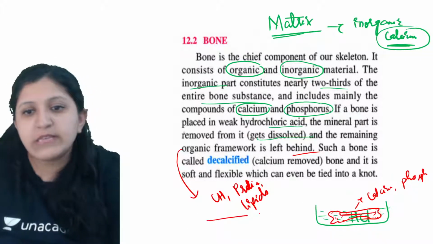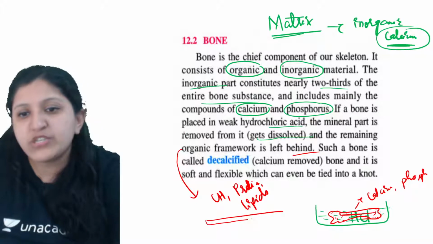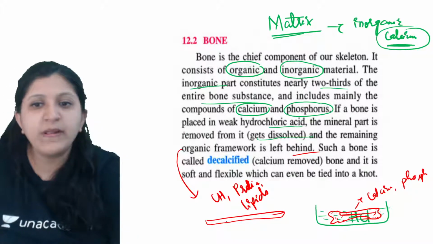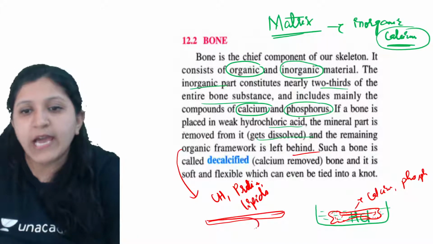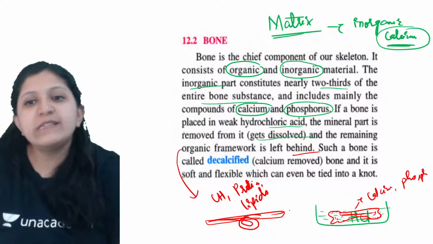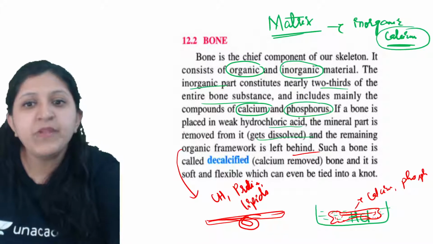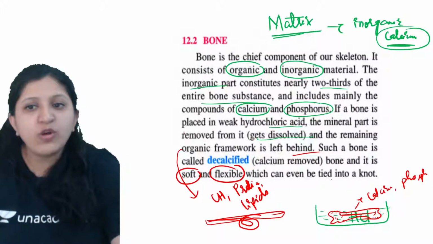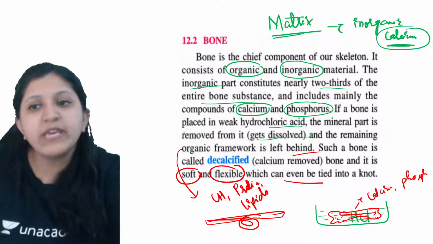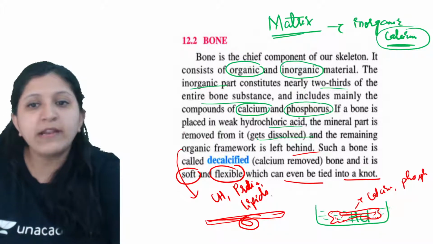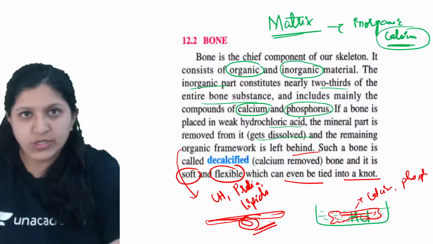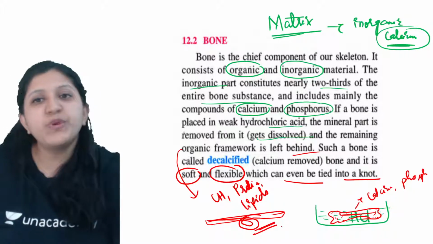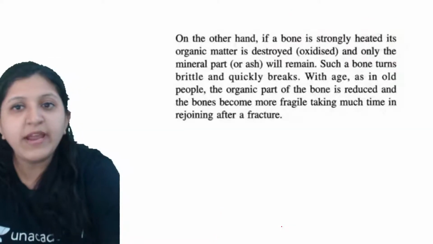This remaining organic part, we can tie it into a knot like this. Since it is an organic part, it will be softer and flexible, that is why we can tie it into a knot. So this is with respect to the decalcified bone.